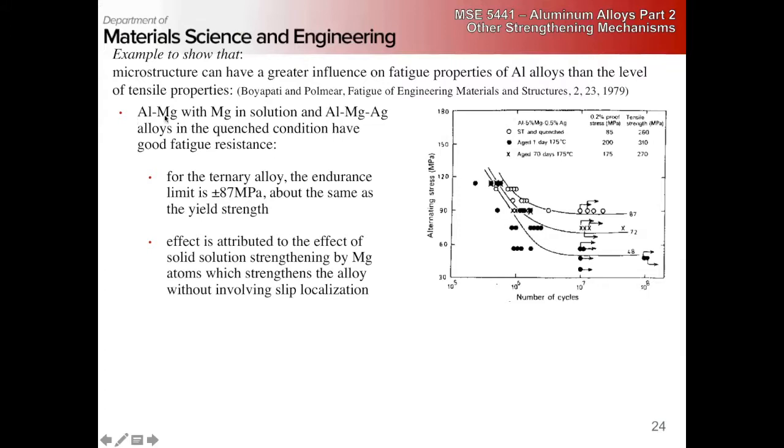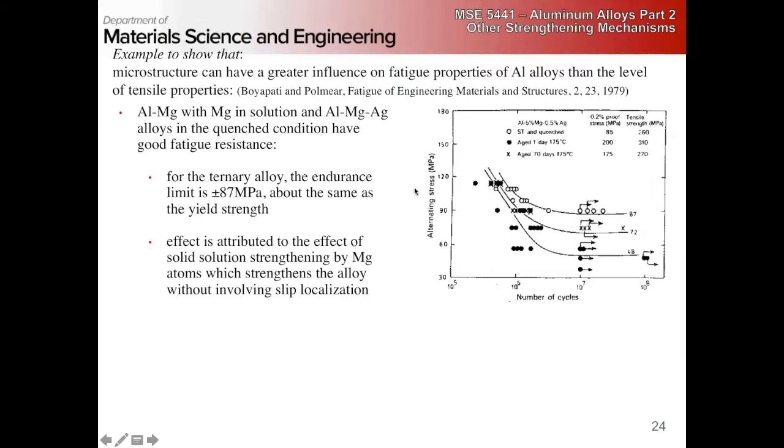So let's take a look at aluminum magnesium in the solid solution state, and aluminum magnesium silver in the solid solution state, basically in the as quench condition, and you'll see they have very good fatigue resistance.